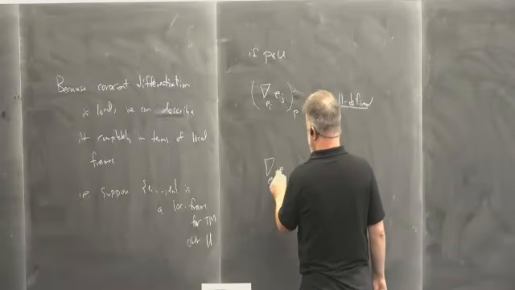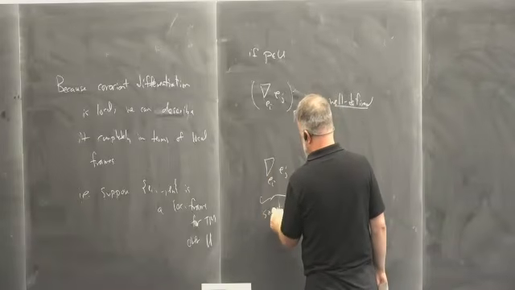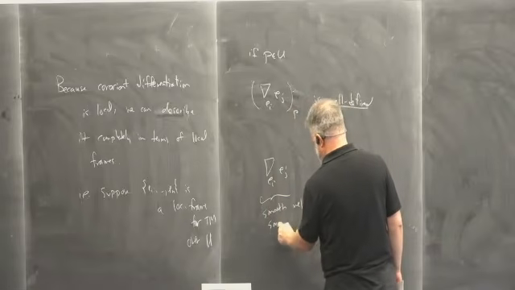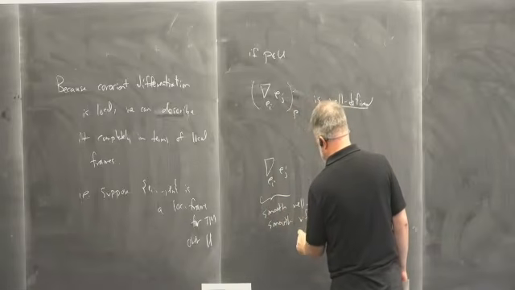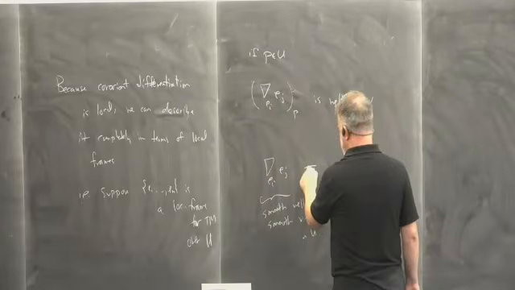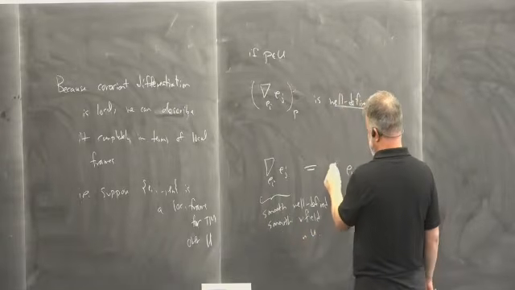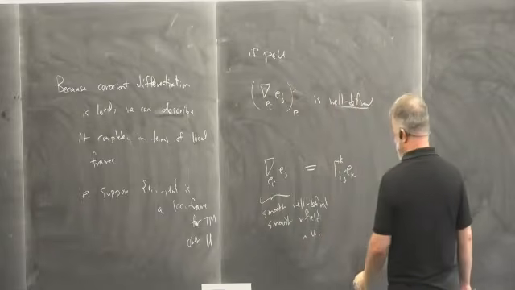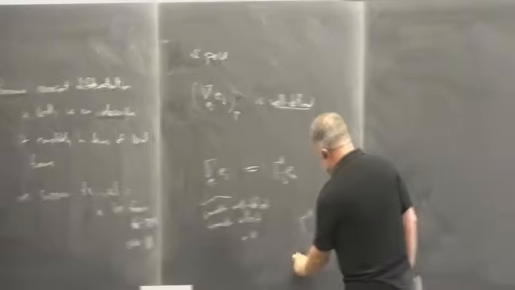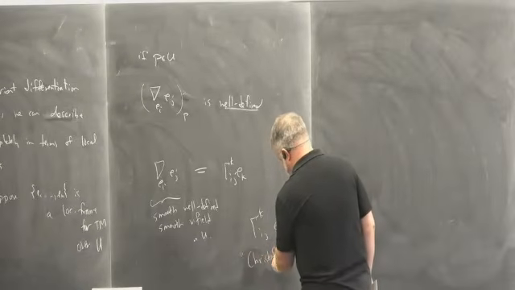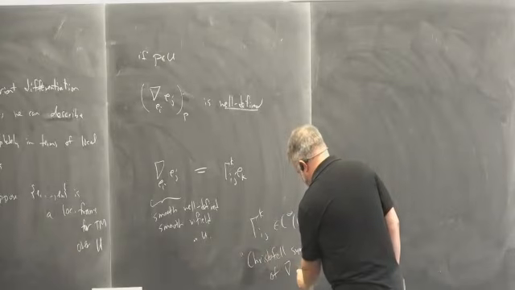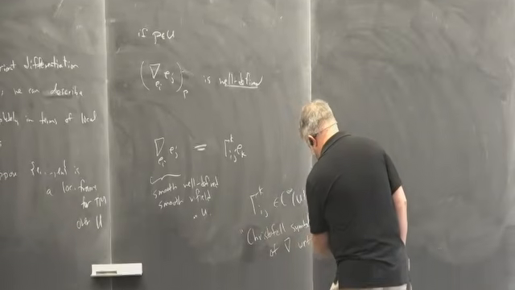So nabla EI EJ is some smooth vector field, well-defined smooth vector field on U, because I showed you that for any point in U, we can make sense of this. And therefore, since it's a vector field on U, I can expand it in terms of the local frame. So these gamma Kij are smooth functions on U. These are called the Christoffel symbols of nabla with respect to this local frame.